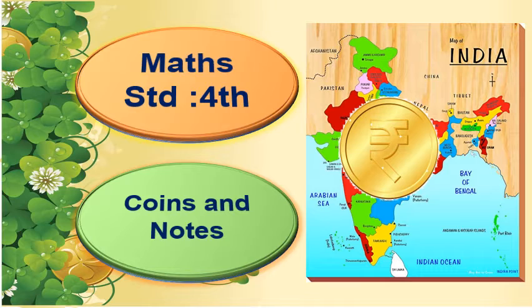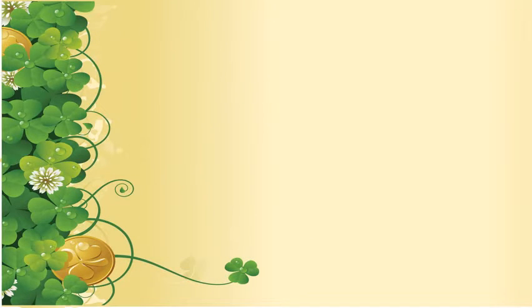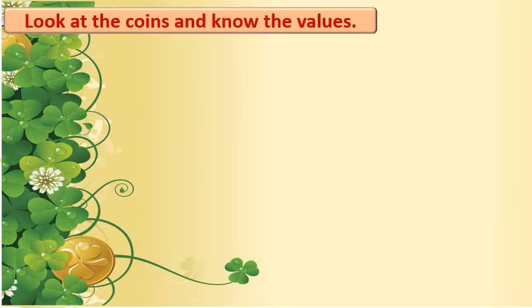We will go through them and then we will study how to count the money and how to get the change for the bigger amount. Look at the coins and know the values. Here we will go through the coins and notes that we use in our day-to-day life.